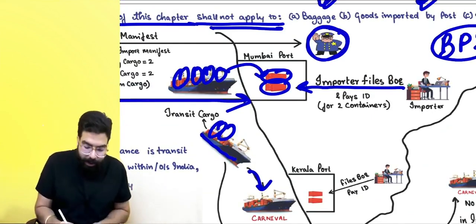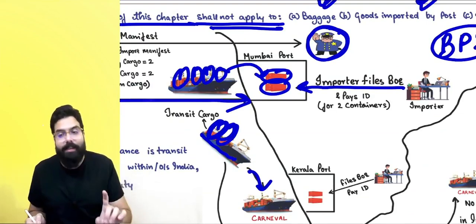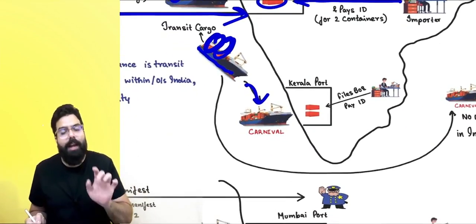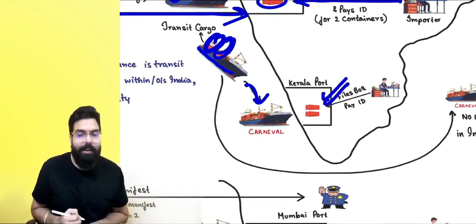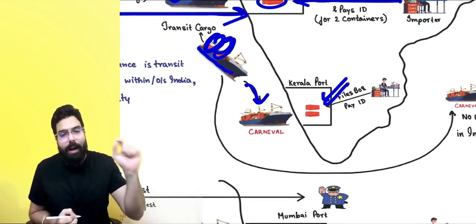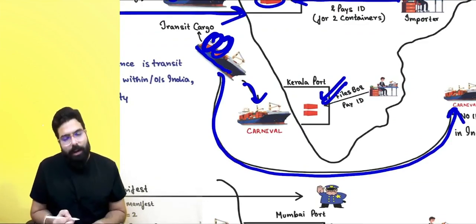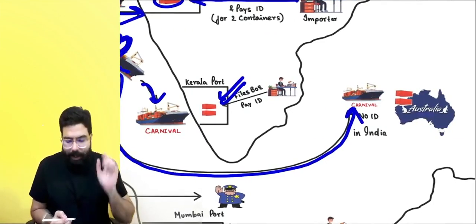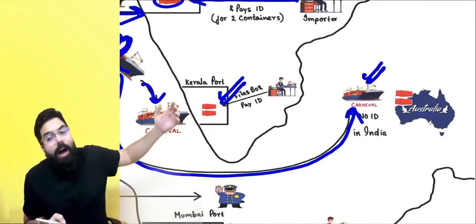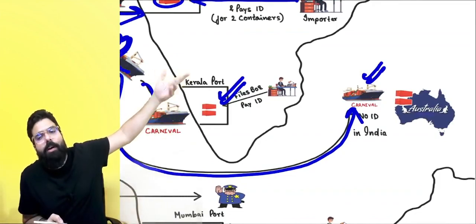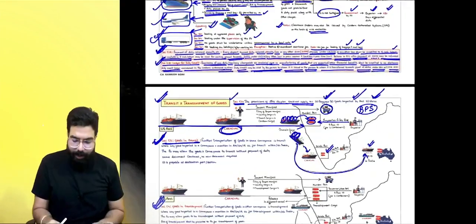This cargo is known as transit cargo, and transit cargo related duty shall be payable only at the destination port where they are unloaded. If the unloading is done outside India, then the duty shall be payable outside India based on the government of that outside country.